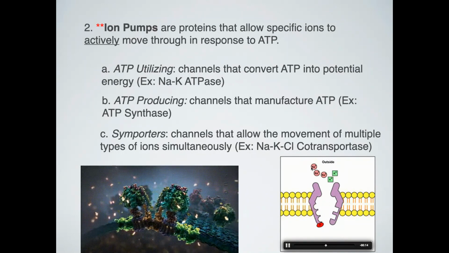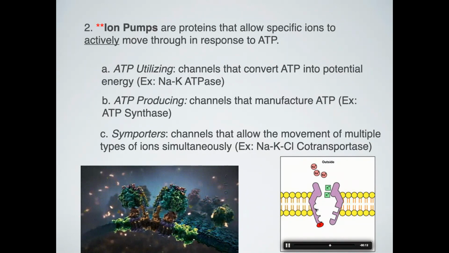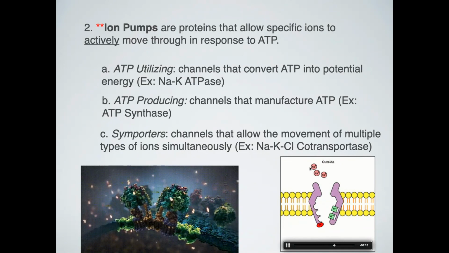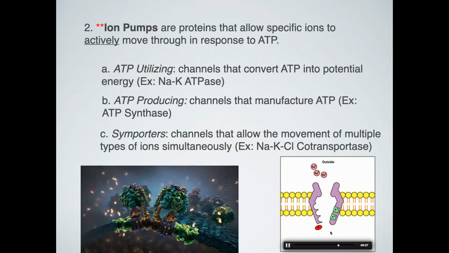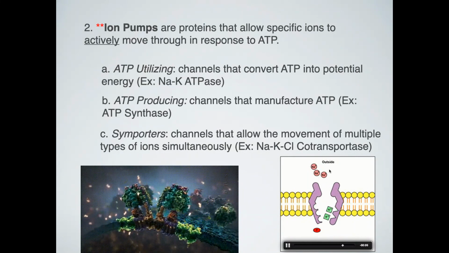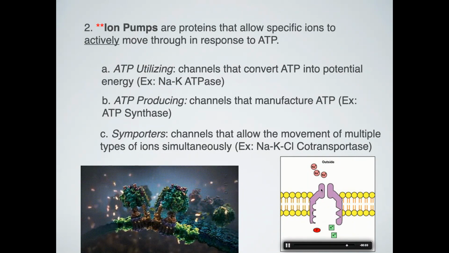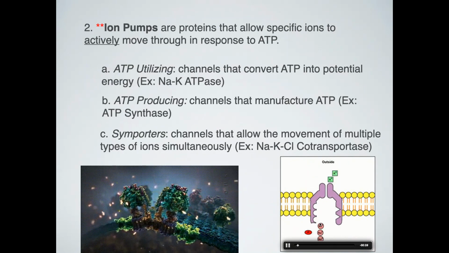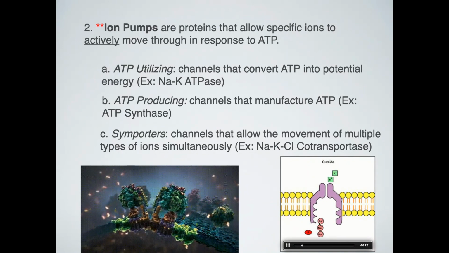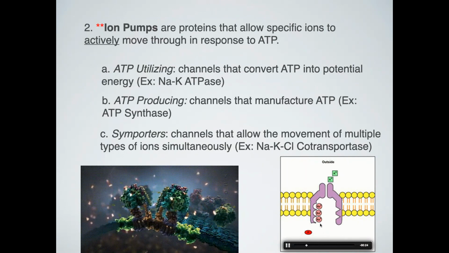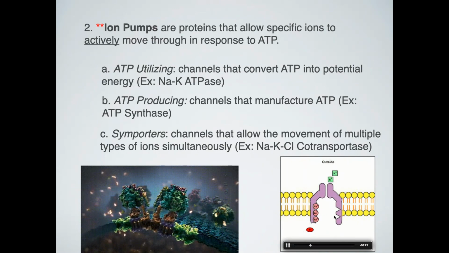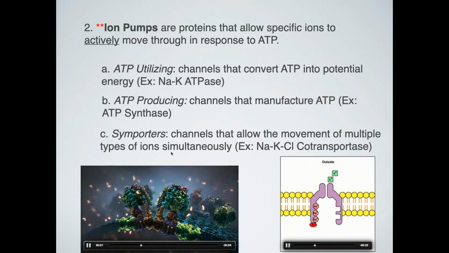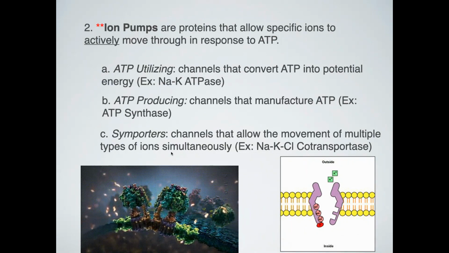Because they're not going at the same time. Sodium is leaving and then potassium is entering. They're not going at the exact same time. You can kind of see them doing it like it's opening and closing. That's the reason why. This channel has to actually open in order to allow the sodium to exit and the potassium to go inside. Symporters can have multiple things going in and out simultaneously.